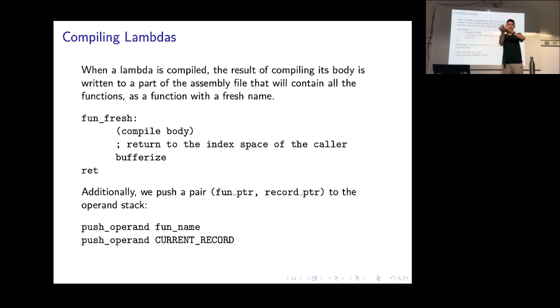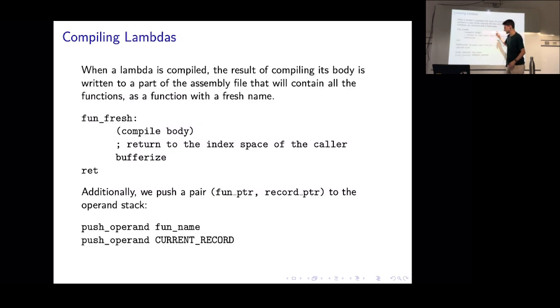It's basically the place where all functions go, and we give each function a fresh label to be able to call it uniquely, and the function contains the compilation of the body of the function, a bufferize command, which is a macro that basically returns to the index space of the caller and does a bunch of things to preserve the values of the pointers, which are the activation record pointer, the operand stack pointer, and other pointers we use in the compilation.